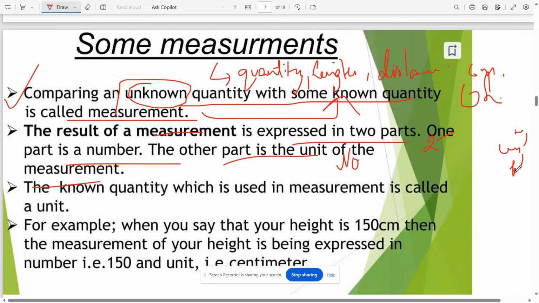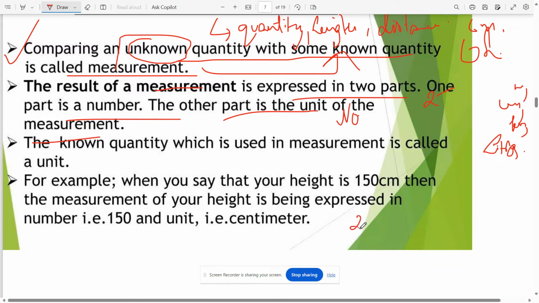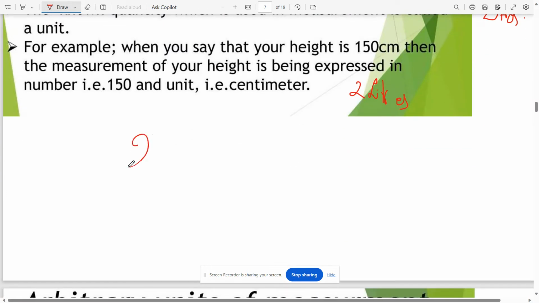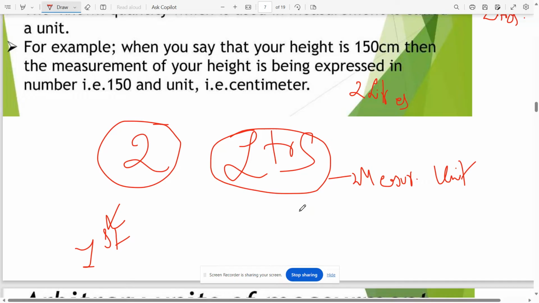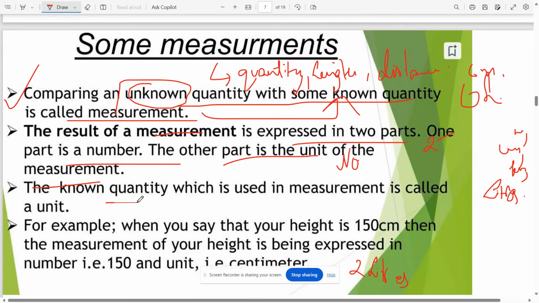Meter, centimeter, kilometer, kiloliters, liters, etc. If we are taking 2 liters, then 2 is the first part, and liters here is the measurement unit. It is the second part. A known quantity which is used in measurement is called a unit.